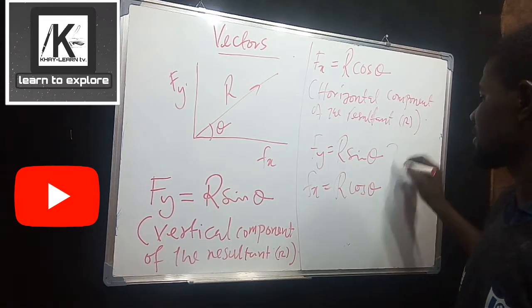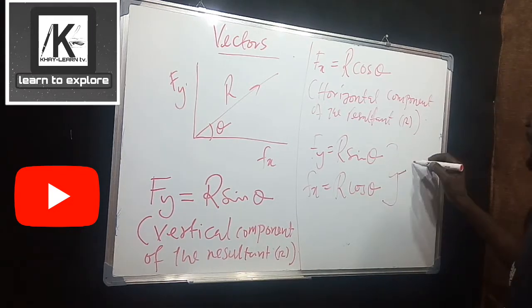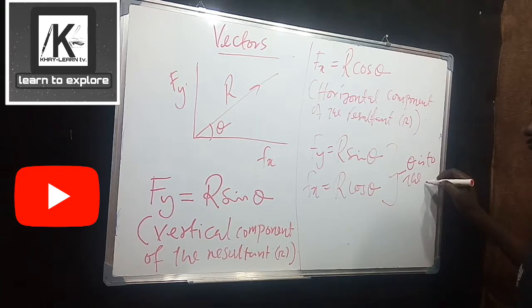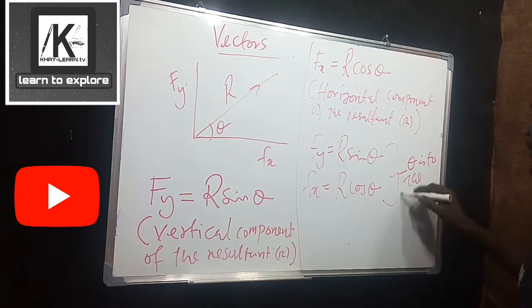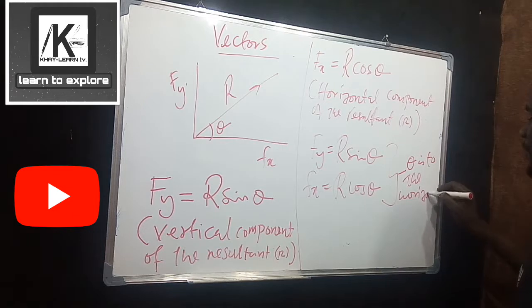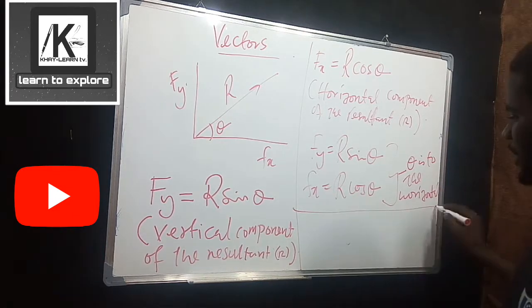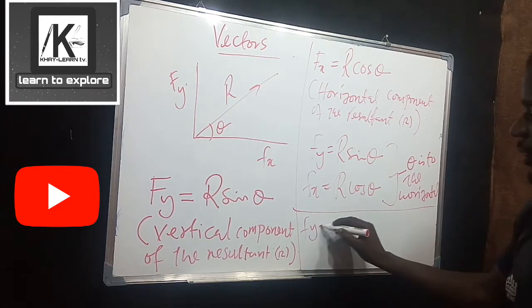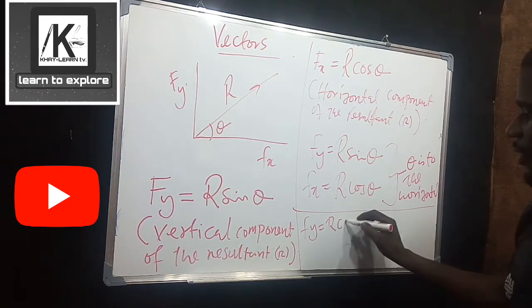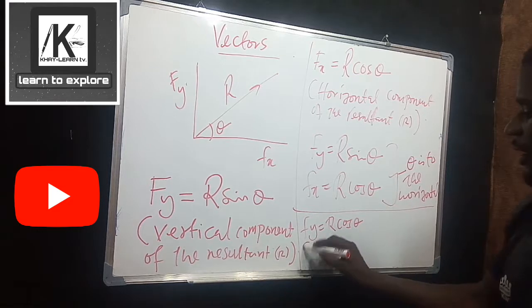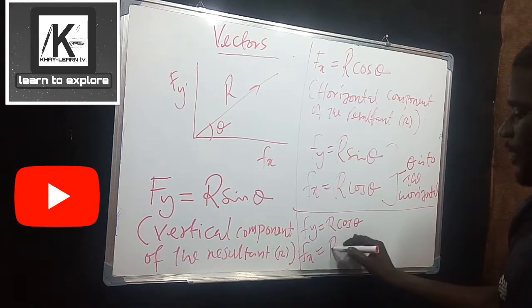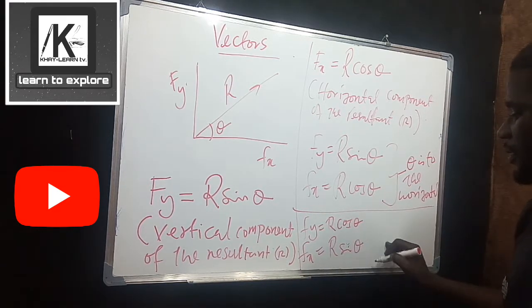So it's going to be Fy equals R cos theta, and Fx equals R sine theta.